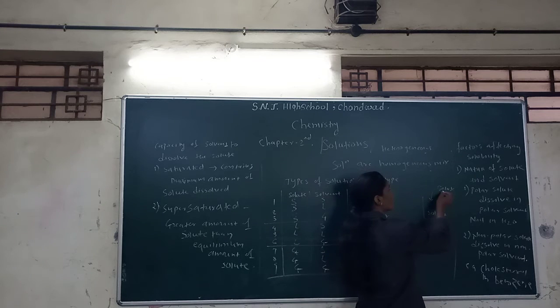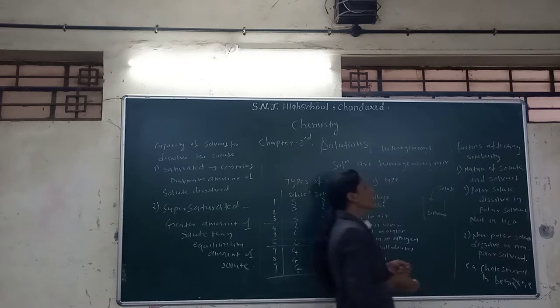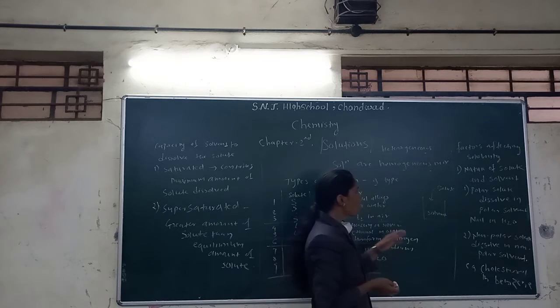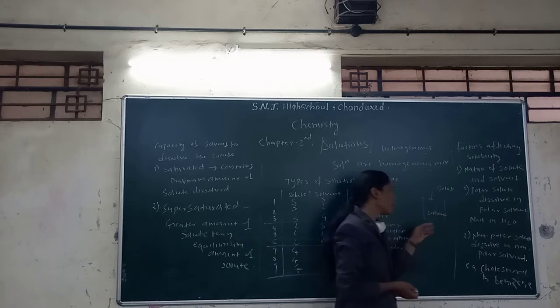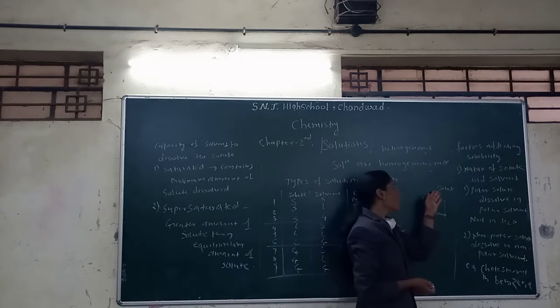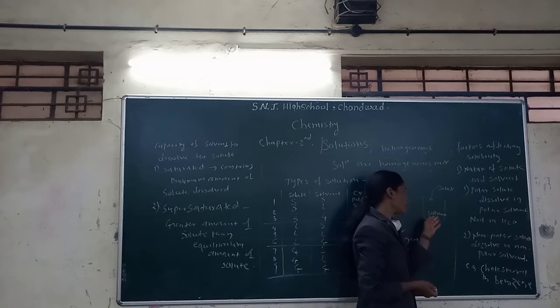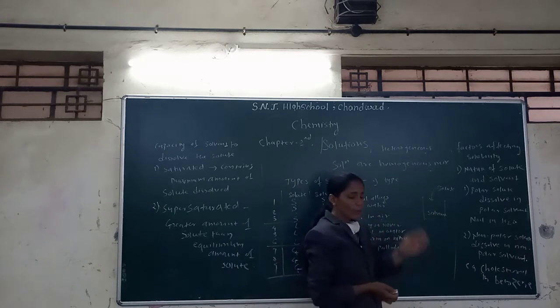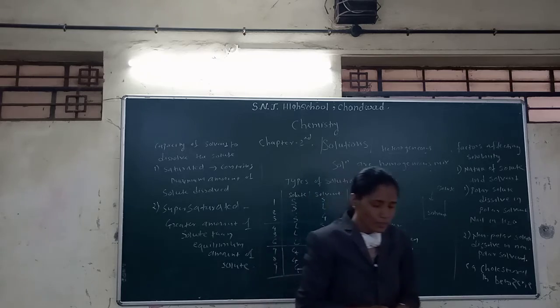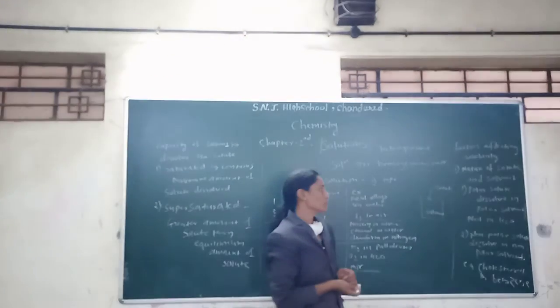But after adding more and more solute to the solvent, an equilibrium is formed between the solute and solvent. Here the solute does not dissolve properly because the amount of solute is in excess, so this is called the equilibrium between crystallization and dissolution.